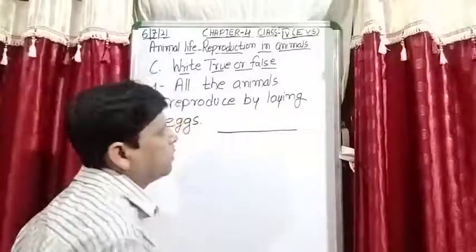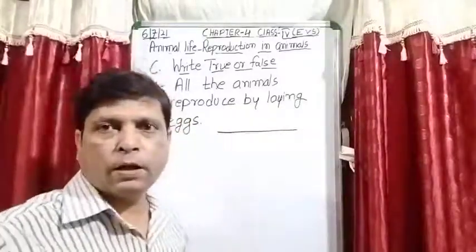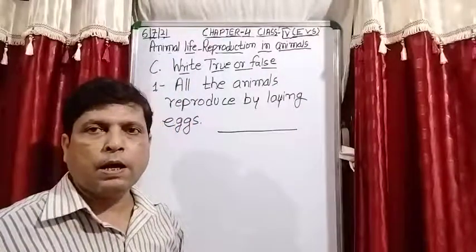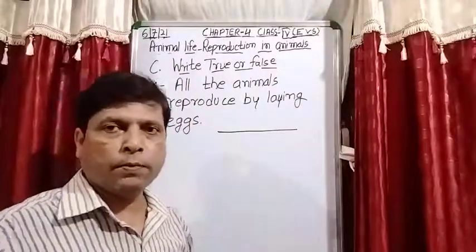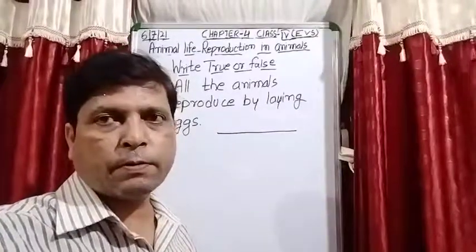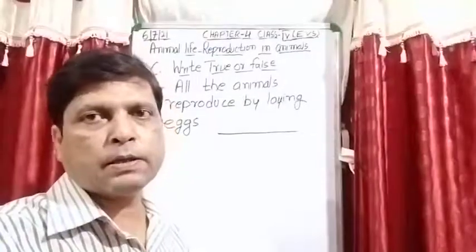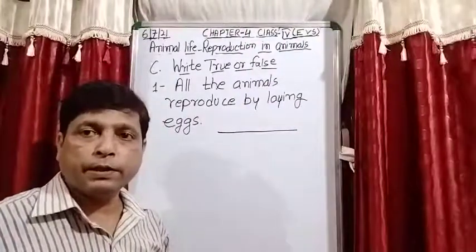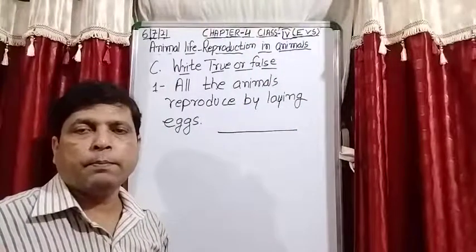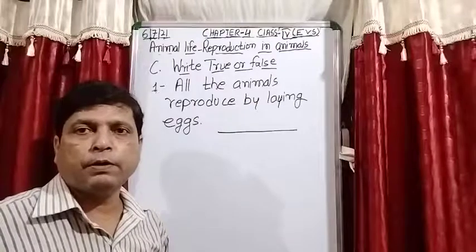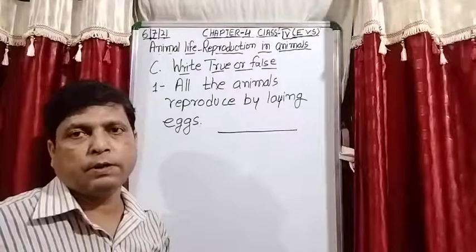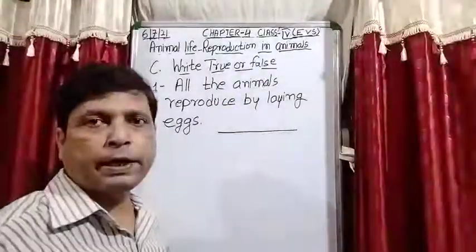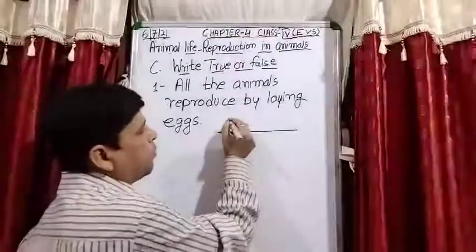So student, as you know when I discussed with you, some animals reproduce by laying eggs, and some of the animals by giving birth to the young ones. So it is given all the animals reproduce by laying eggs. So this is false.